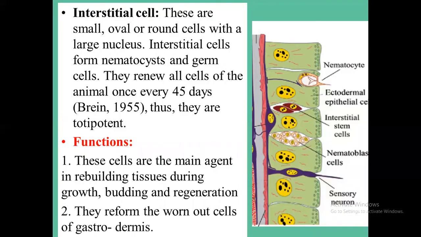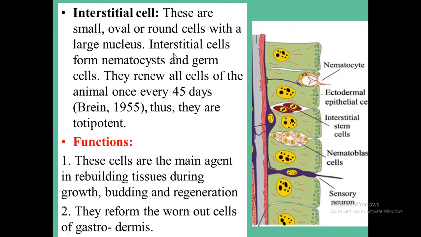Now, interstitial cell, it is a special cell. It is also called a reserve cell because when the other cells are destroyed, this cell is converted into those cells which are destroyed. So it is called a reserve cell. They can convert into any other cells.